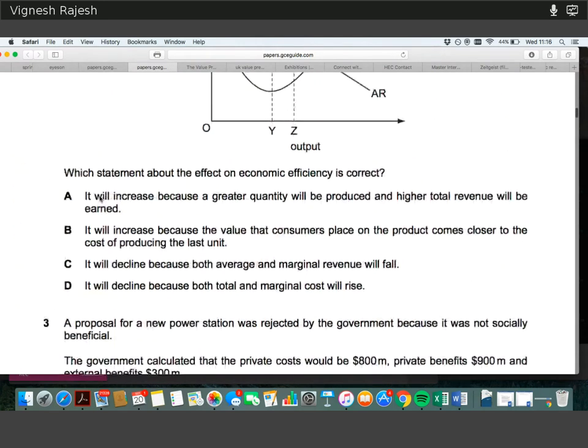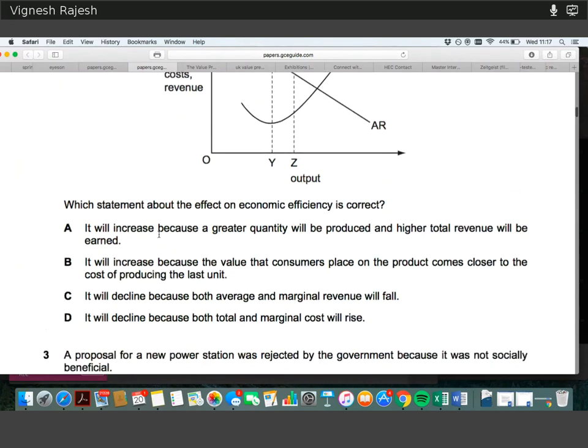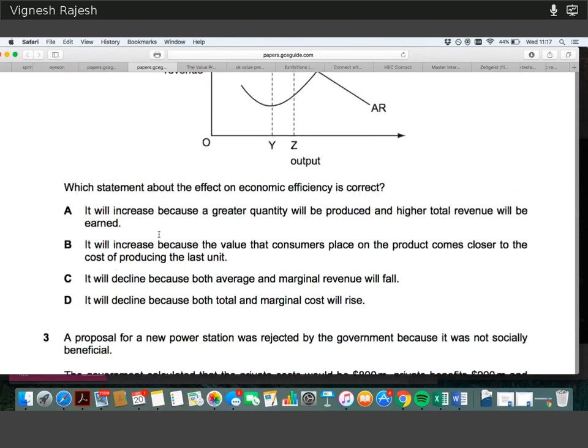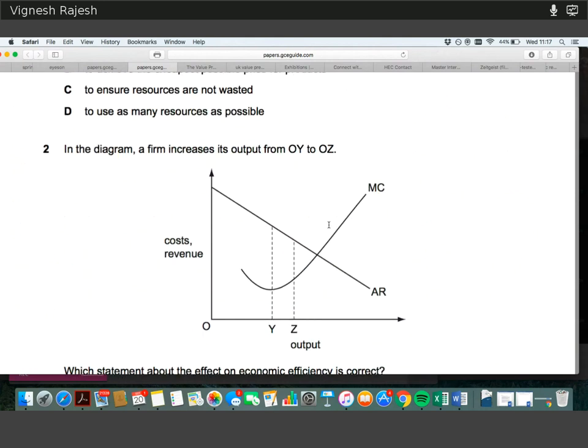Looking at question two, it's a follow-on sort of from question one as to how economic efficiency is affected by this increase in output from OY to OZ. The answer in this case is B, because if we look at the graph, the average revenue curve is actually synonymous with the demand curve for the firm's good or the industry, and similarly the marginal cost curve can be thought of as the supply curve.